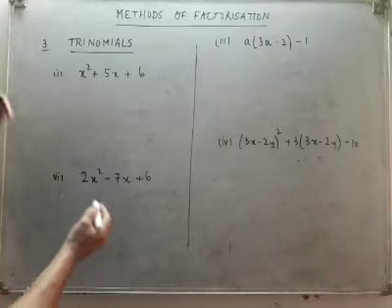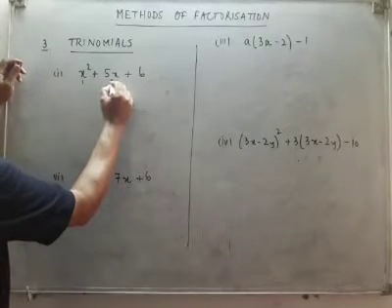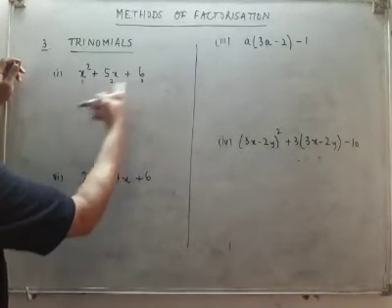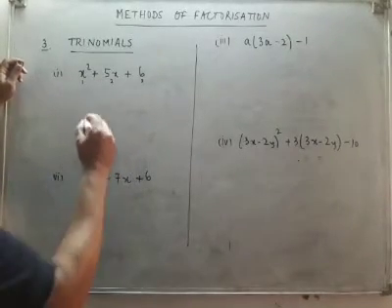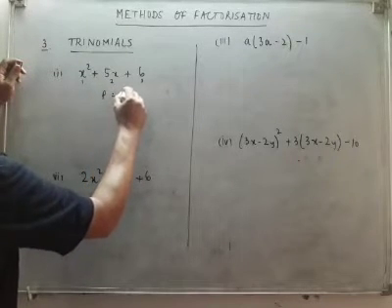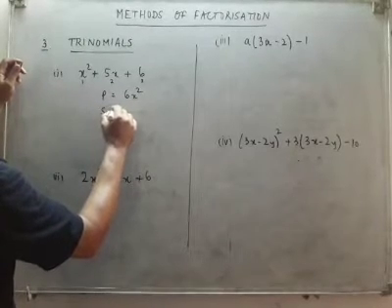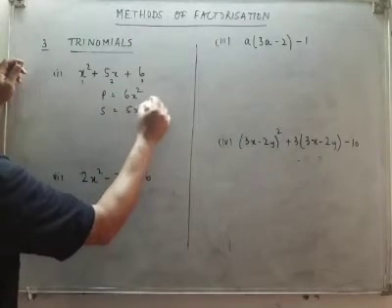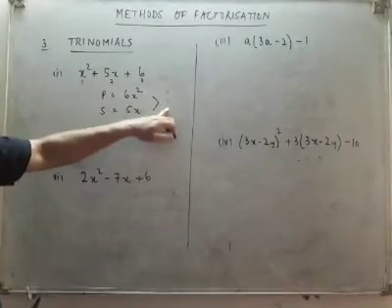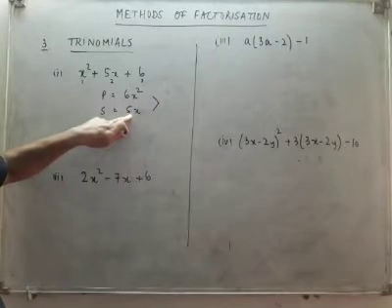Now, what is the method? We have the first term, the second term, and the third term. You multiply the first term and the third term. That is, the product is 6x squared, and the center term is the sum, 5x. So we have to find two terms whose product is 6x squared and sum is 5x.